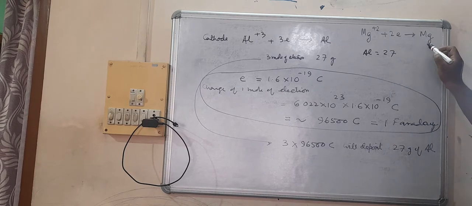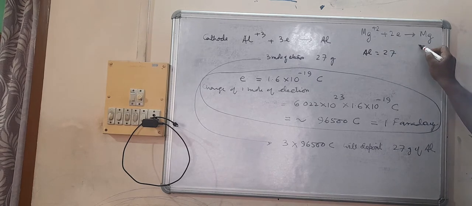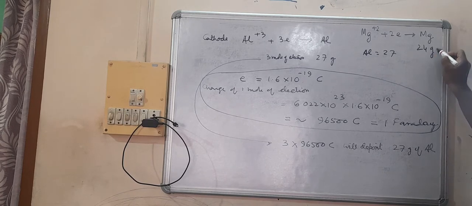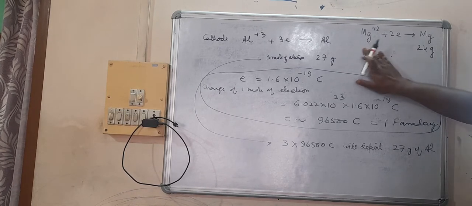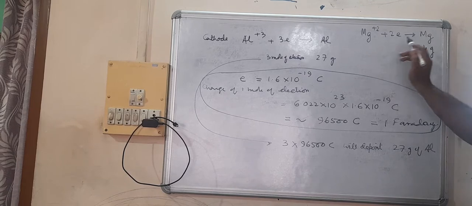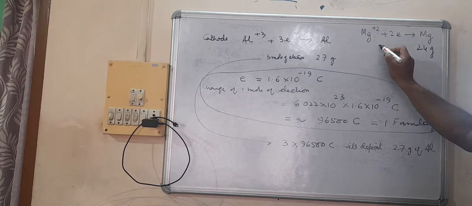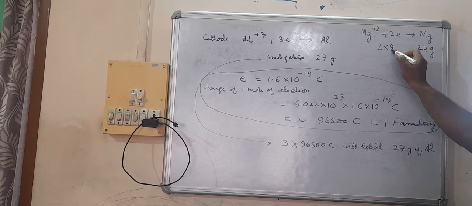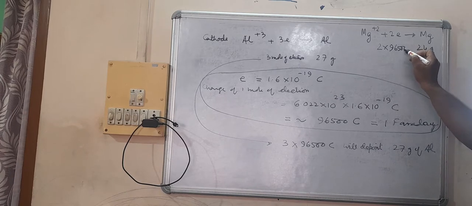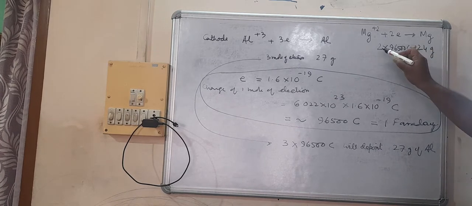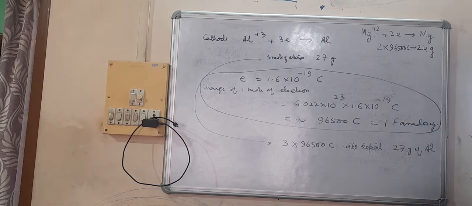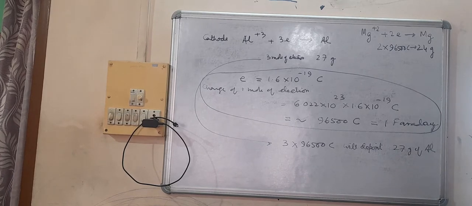Since magnesium has atomic mass 24, we can write 24 gram of magnesium will be deposited by passing 2 into 96500 coulomb. On passing this much charge, this much magnesium will be deposited.